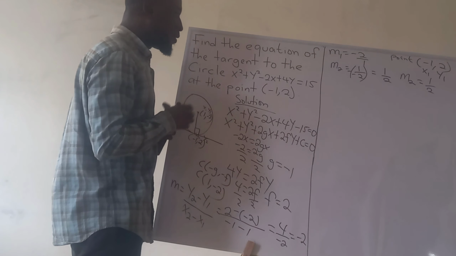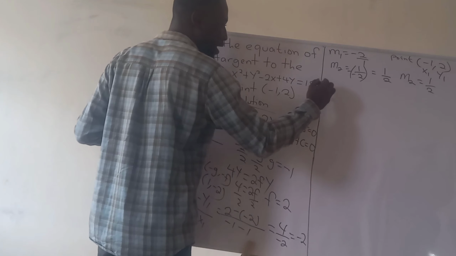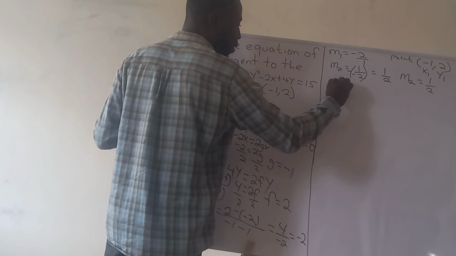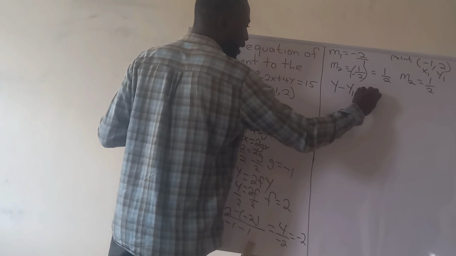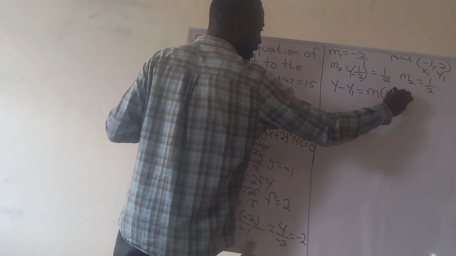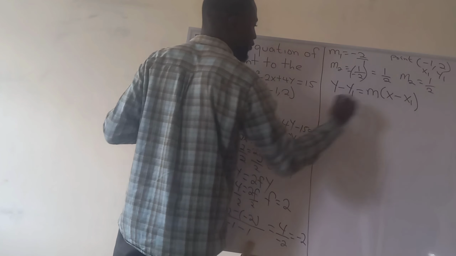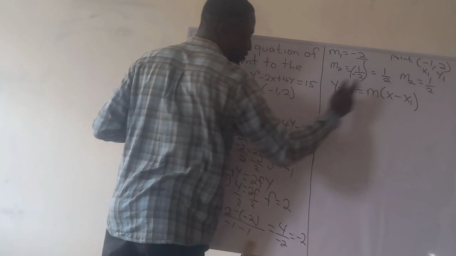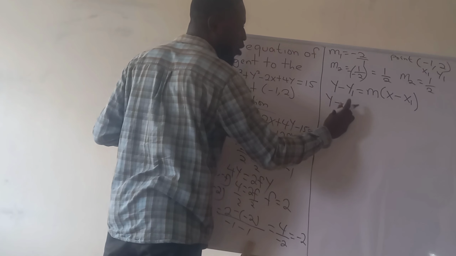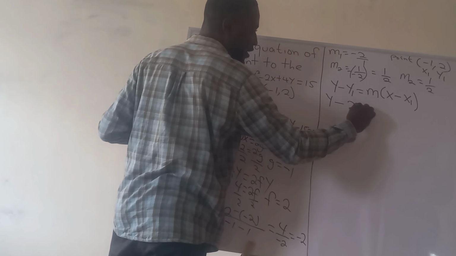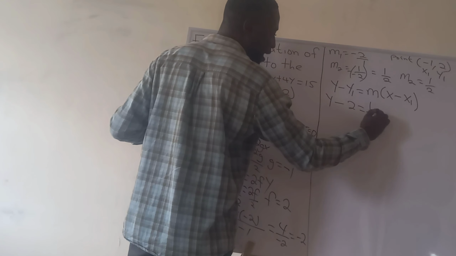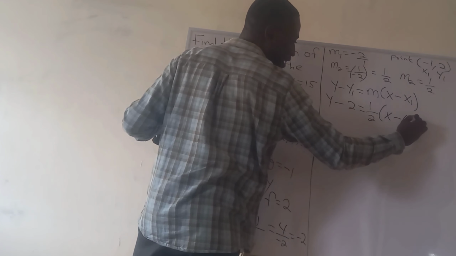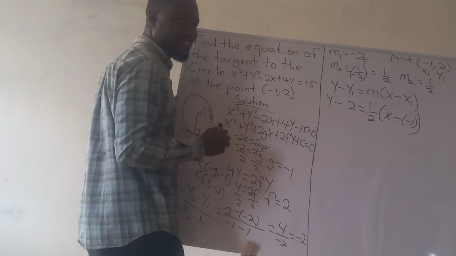To get the equation of the tangent, we are going to use the point slope form, which is y minus y1 equals m times x minus x1. The gradient of the tangent is a half. So y minus 2 equals 1/2 times x minus -1. Do you get it?